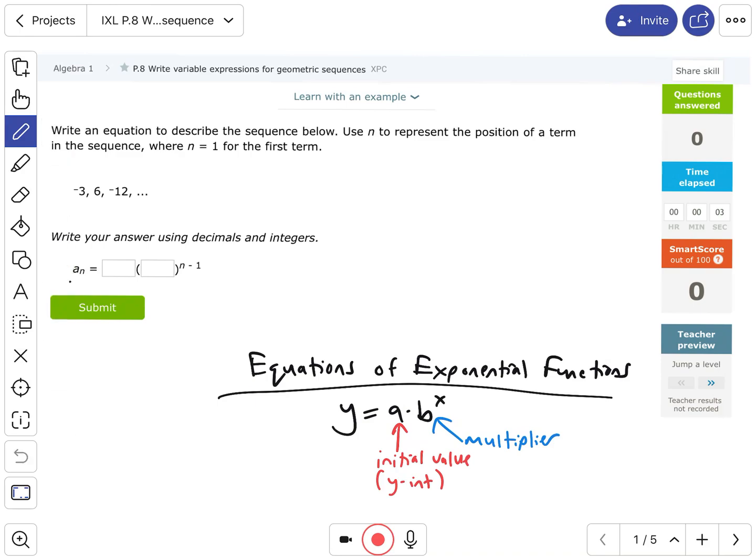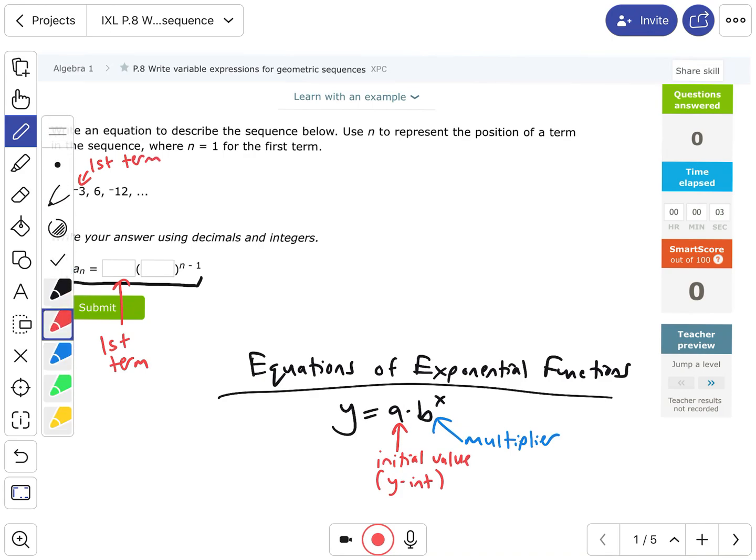You see this is a little bit different than what it looks like down here, but pretty much the order is the same, where you have the first term, the initial value, right here. So -3 would go here.